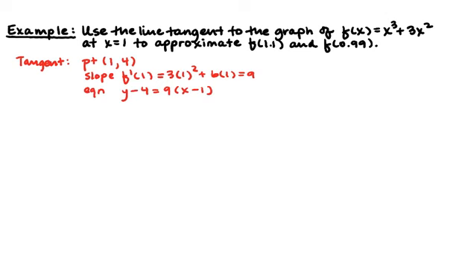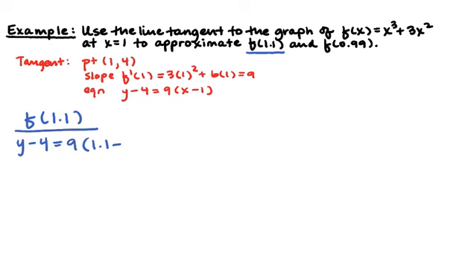Okay, now if we want to approximate the values of f of 1.1 and f of 0.99, we are going to be just plugging in 1.1 for x and 0.99 for x, and then approximating the value of y. So if I'm trying to approximate f of 1.1, I'm going to say, well, y minus 4 is equal to 9 times x, which is 1.1, minus 1.